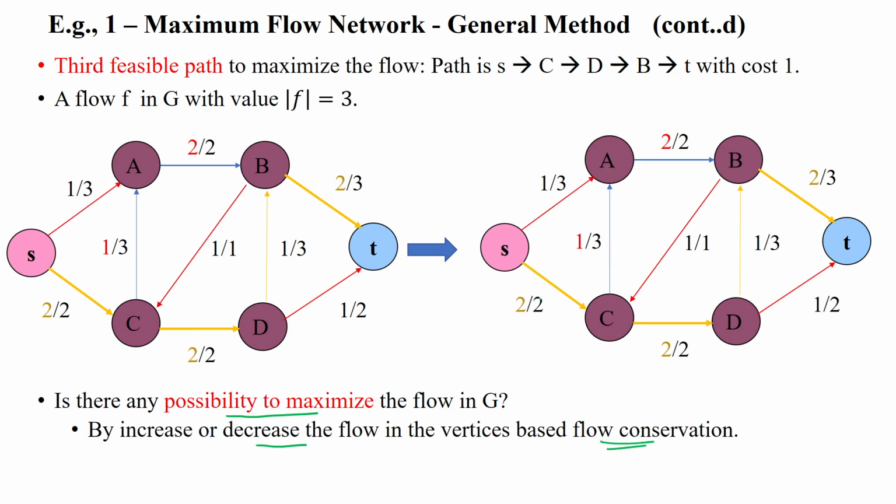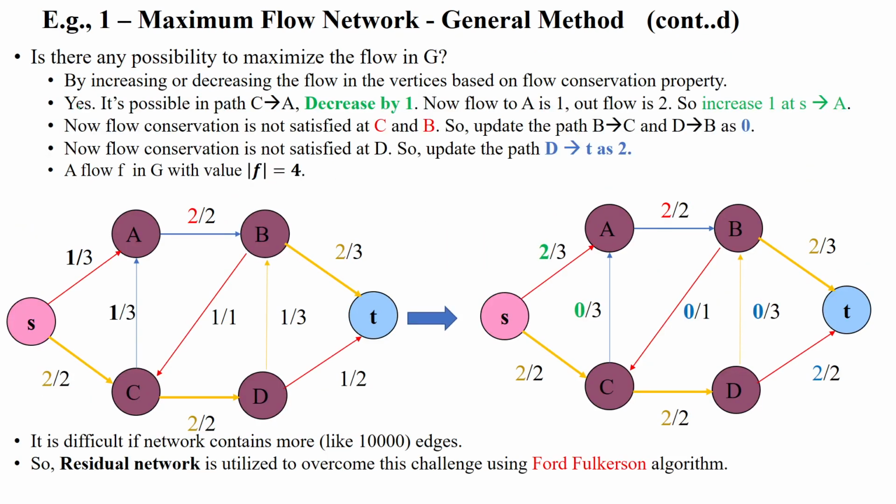In the flow conservation we have to calculate incoming 2 units, outgoing 2 units, and here incoming 2 plus 1, 3, here 2 units consumed, here 1 unit consumed, so it is equivalent. Based upon that we have to check is there any other new path possible. By increasing or decreasing the flow in the vertices, based upon the flow conservation property, we can check the new path.